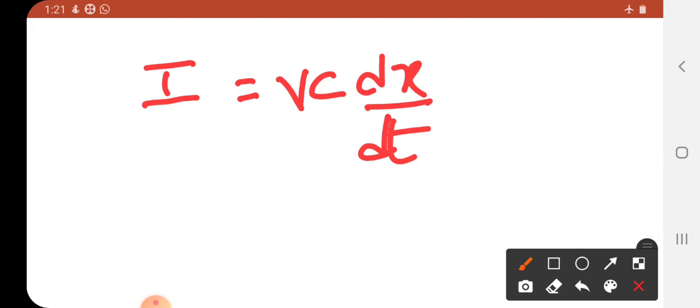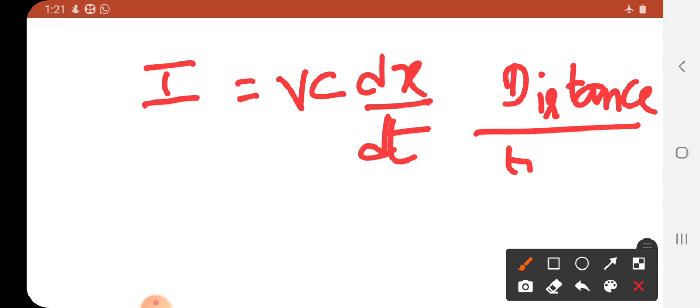Now dx by dt, in the sense of distance by time, what is distance by time? It is the velocity of the traveling wave.